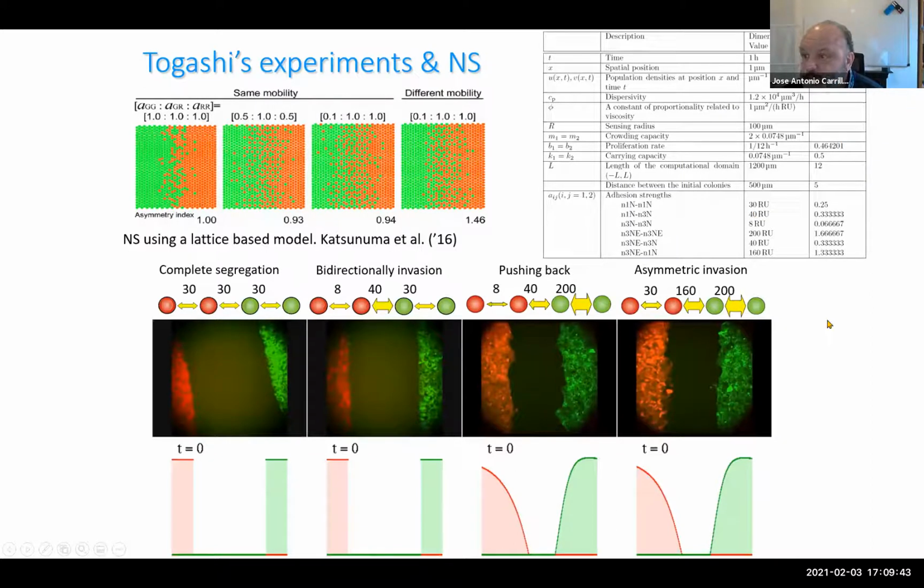So what you have here at the end, this row, are the videos of the experiments of Togashi, and here a one-dimensional simulation of that system of 2 equations that we propose as a way of modeling the behavior of these 2 populations.